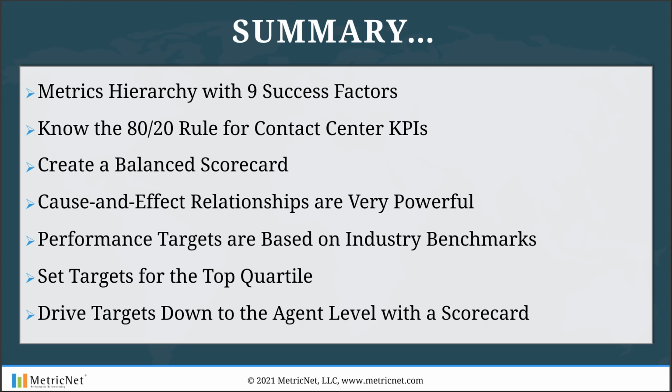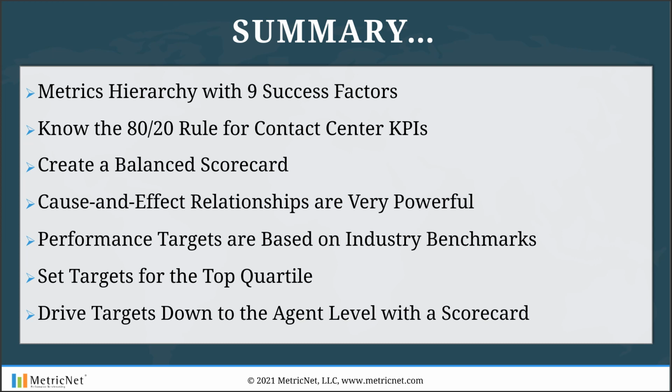Performance targets are based on industry benchmarks. The goal is to get into the top quartile on the KPIs, just those 6 metrics that matter the most. And then performance targets need to be driven down to an individual agent level. So think transparency, visibility, accountability. Those are 3 things that metrics do for an organization.